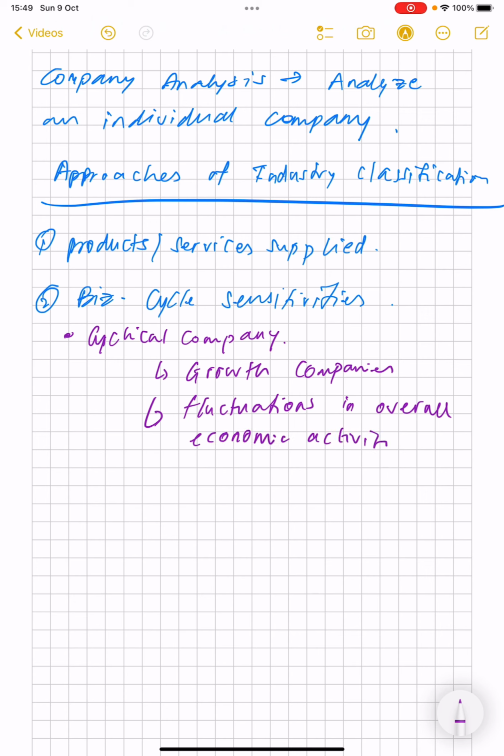So you will see that the cyclical company's profits is strongly correlated with the strength of the overall economy.